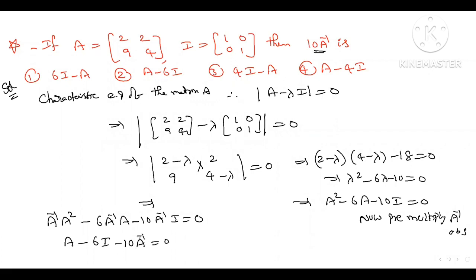Minus 10 A inverse, sending it to the right side, we get 10 A inverse is equal to A minus 6I. Which option is correct? The second option is correct.